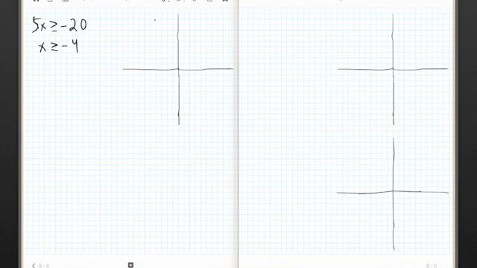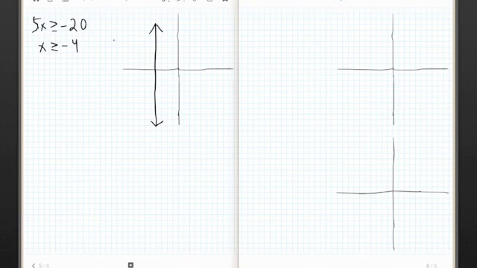So x is greater than or equal to -4. X is -4 along this line right there. And since it is greater than or equal to, or equal to means that we can draw a solid line.